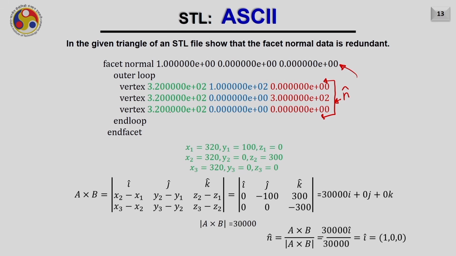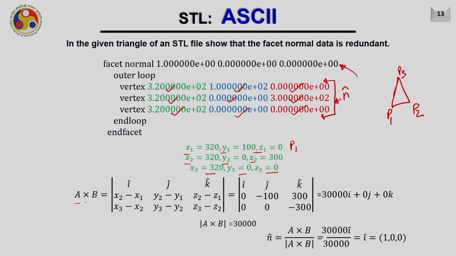Here, let me identify: this is x1, y1 and z1 corresponding to the point P1 of the triangle. Then this is x2, y2 and z2, corresponding to P2, and then there is a P3 here and the corresponding points are x3, y3 and z3.